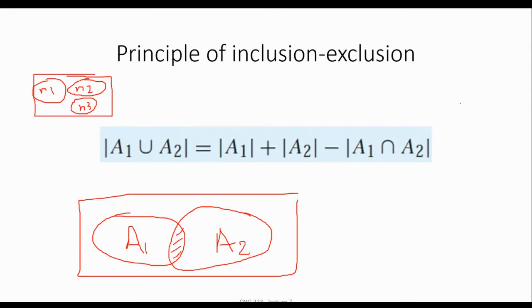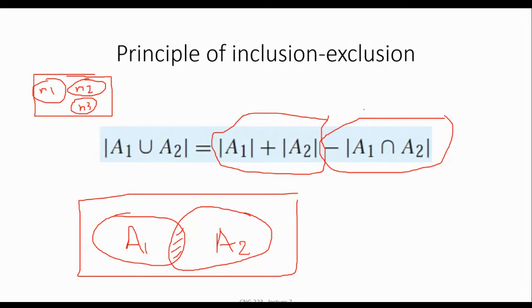In that case, in order to find the union of A1 and A2, I cannot just use this part, which is related to the sum rule. I should also subtract this part, which is the intersection between these two sets. Why is that?